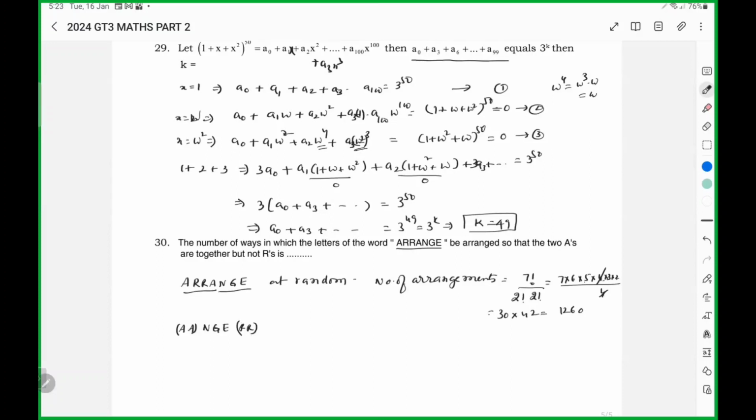Later I will subtract. How many letters totally here?